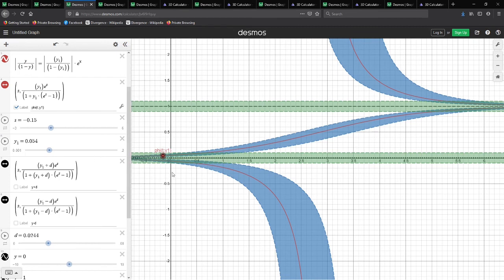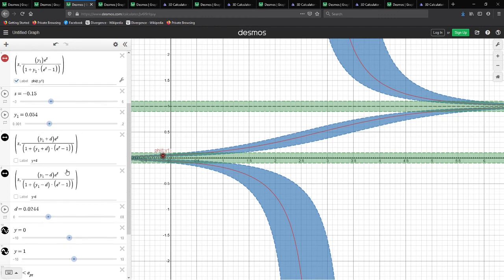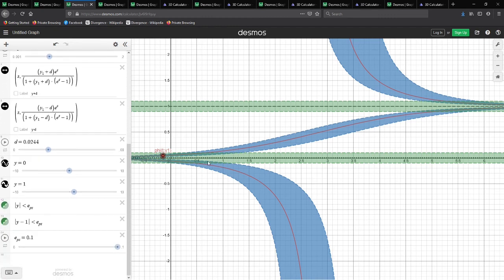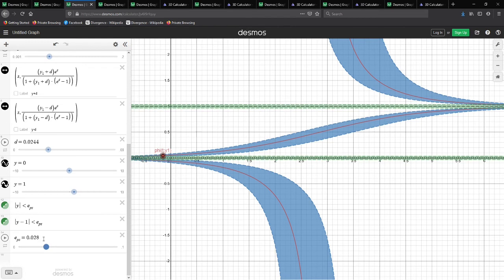So the idea here is that I've drawn an epsilon region around both of these equilibrium values, y equals 0 and y equals 1 right here. It's the green region, or the region between the dotted lines here, and the region between the dashed lines here. As this region shrinks, the region gets smaller and smaller.